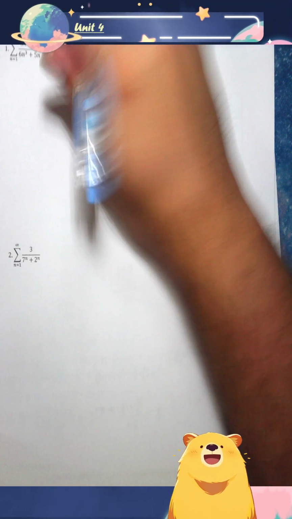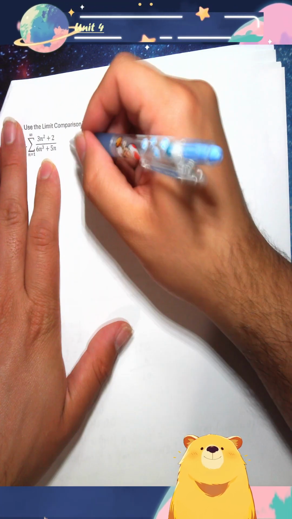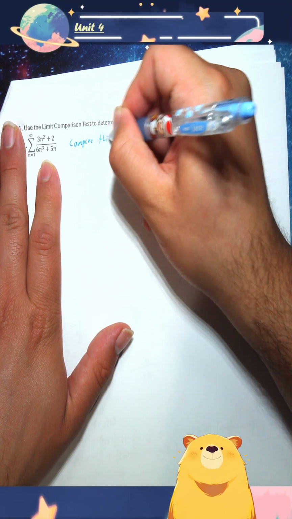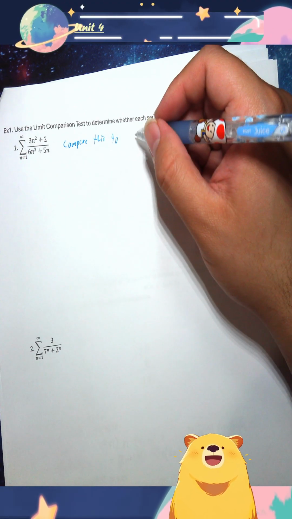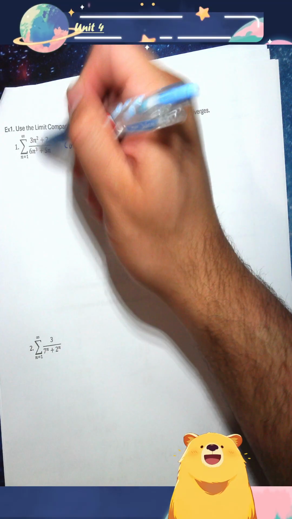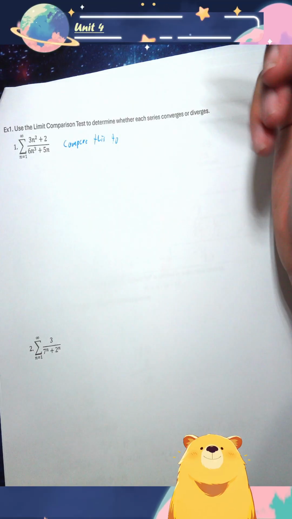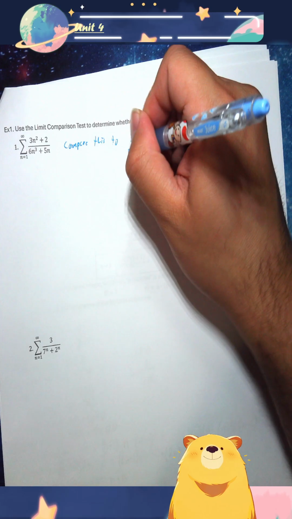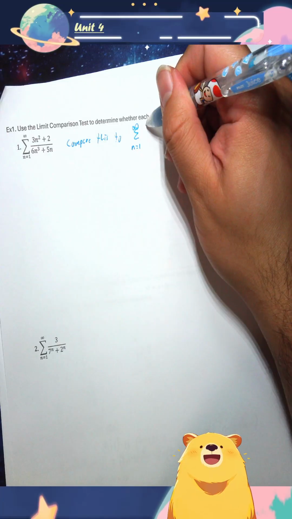So what I'm going to do is compare this to something that just has the coefficients, the singular polynomial expressions. So the sum of, let's say, just the leading coefficients.